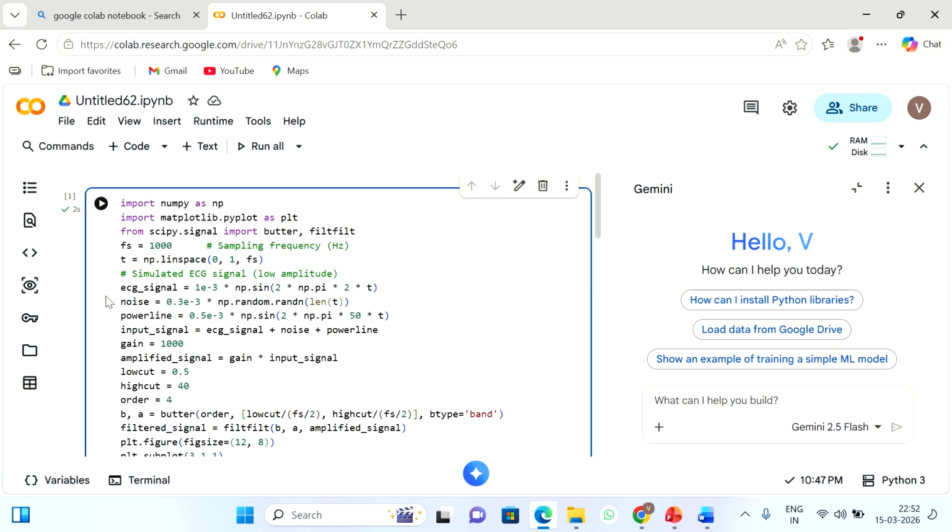Then the sine function creates a sine wave. So this signal is a sine wave and the frequency is 2 cycles per second. Then the amplitude 0.001 volt means it is 1 millivolt.